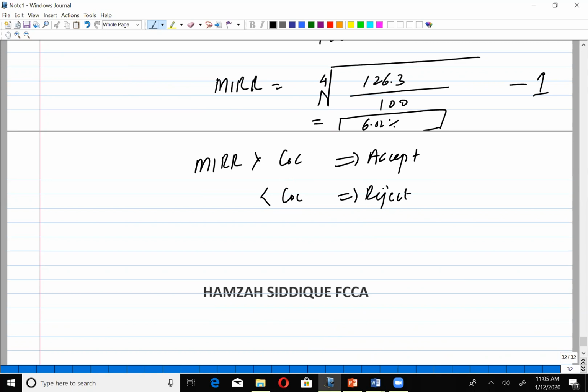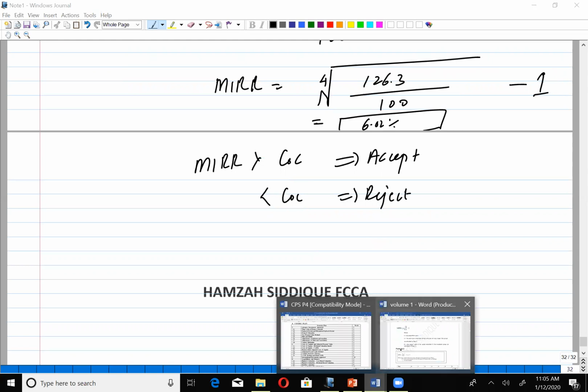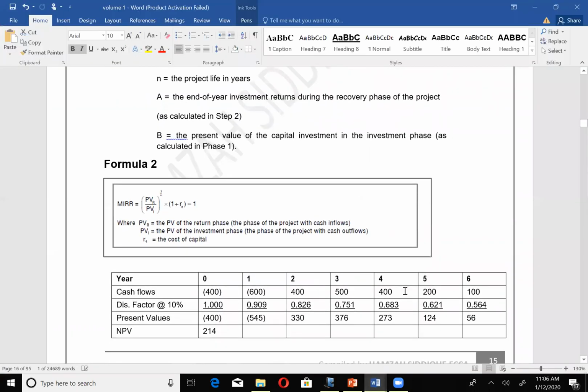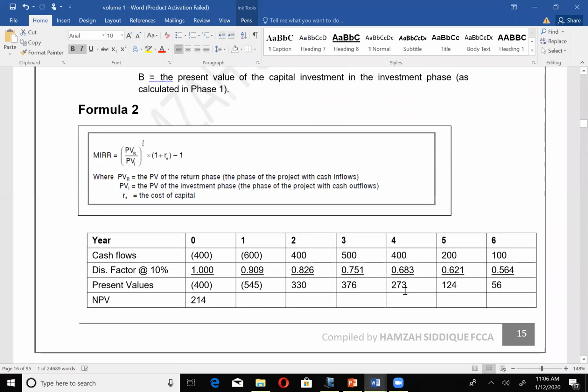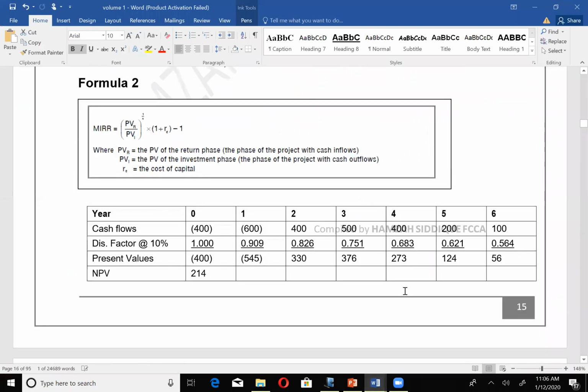Now, students, next, there is another formula for MIRR. That is part of your notes. I have included that, here it is, with an example. Here is the formula in front of you.